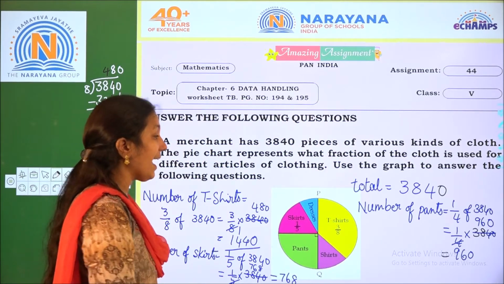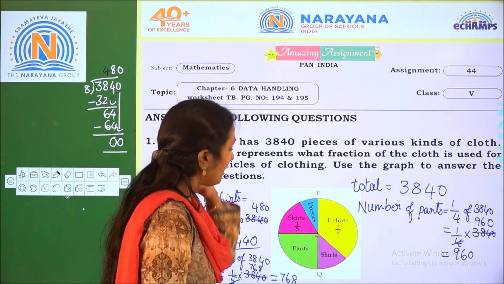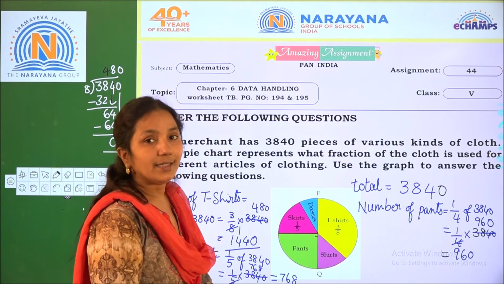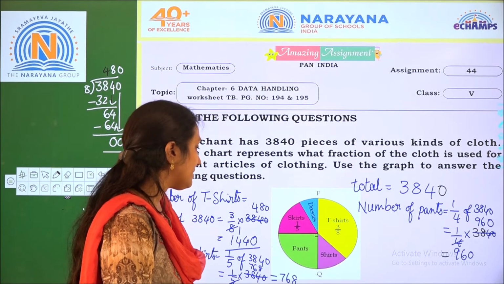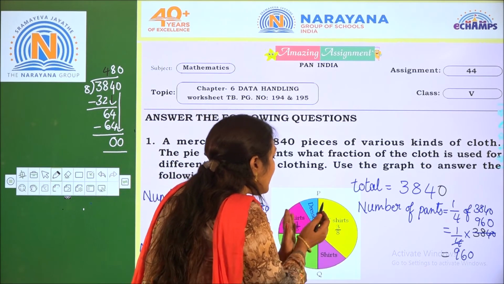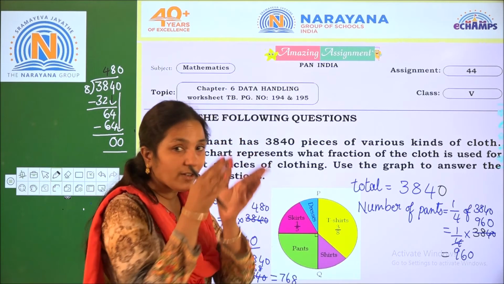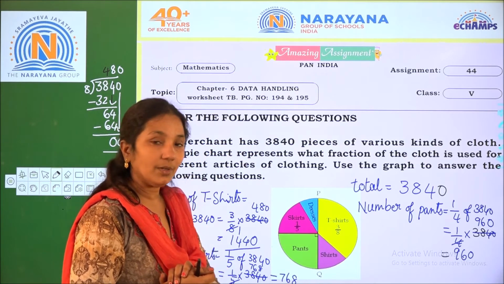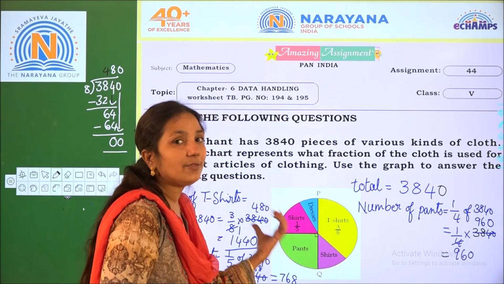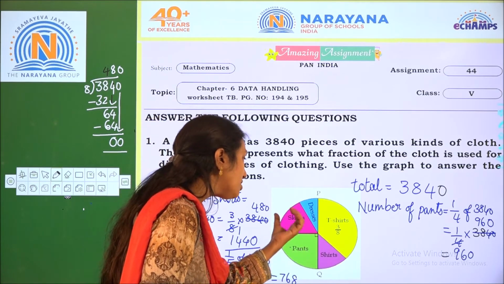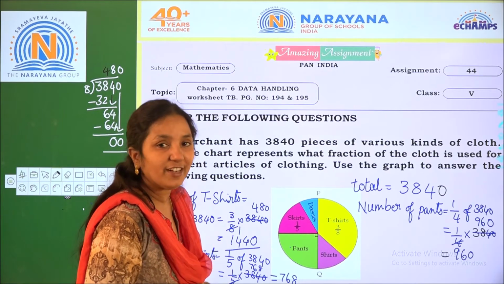Now we can calculate dresses. How can we calculate dresses here? Skirts and dresses together make the 1/4 part. Already we know pants are the 1/4 part. If you subtract skirts from pants, we will get the number of dresses.